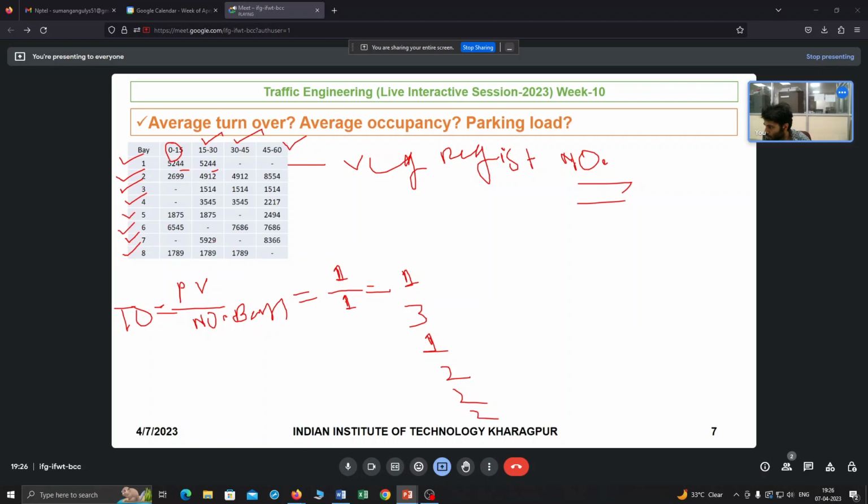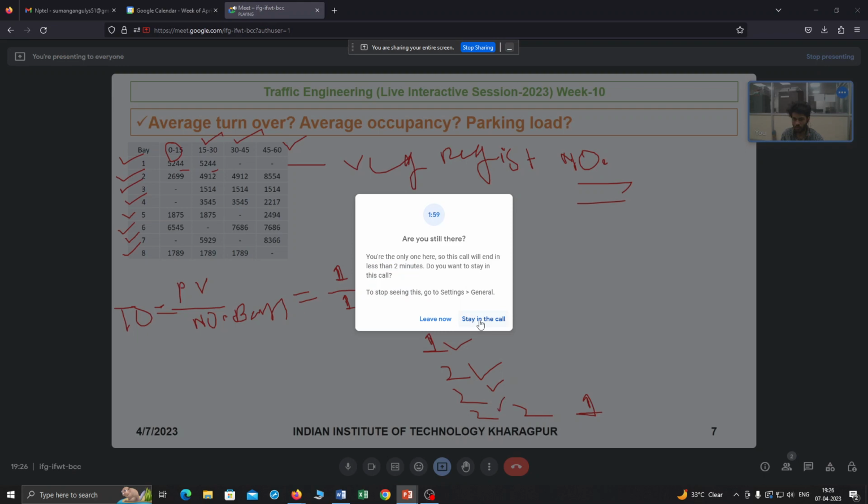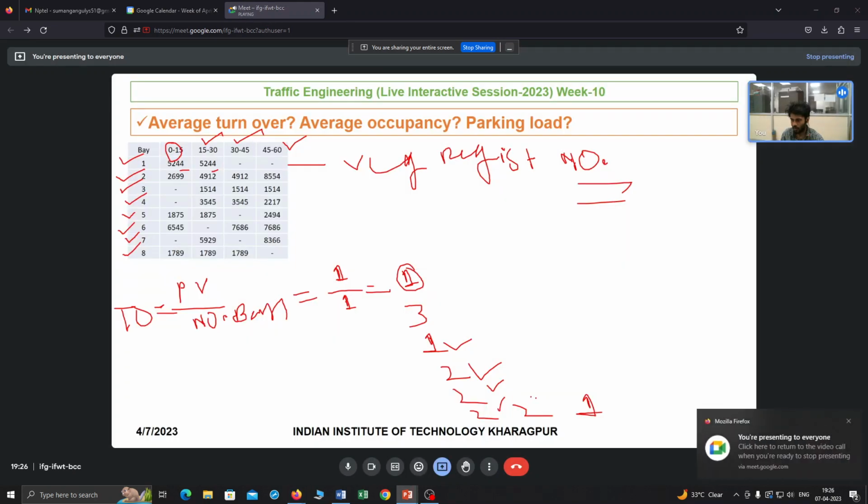For bay 7 it is 2. For bay 8 it is 1. So now the turnover for each bay is 1 plus 3 is 4, 6, 8, 10, 12, 13, 14.